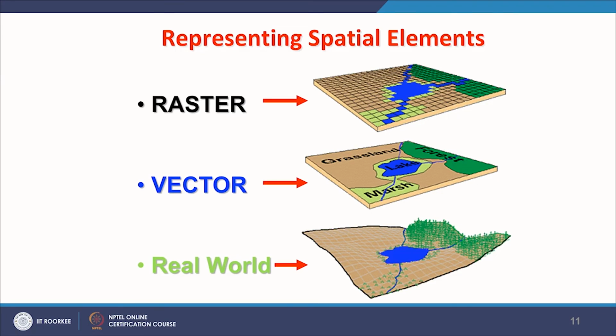Vectors are something we studied in high school or 10+2, and the same concept of vectors applies: there is an origin, there is a destination, and a direction. So, the distance becomes our magnitude like in typical vectors, and the origin and destination are known, so we know the direction also. The same concept applies, but here we have three types of vector data: point data, line or polyline data, a typical vector, and polygon. We will be discussing those a little later.